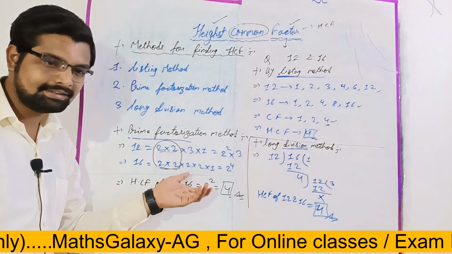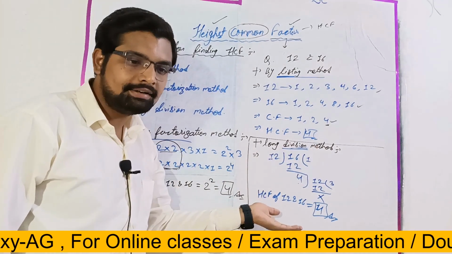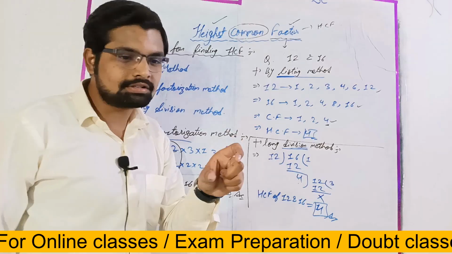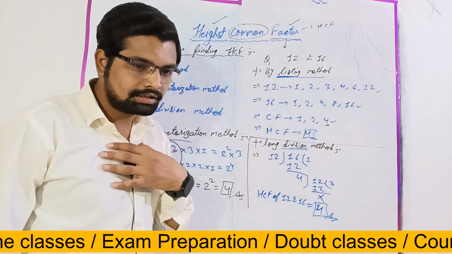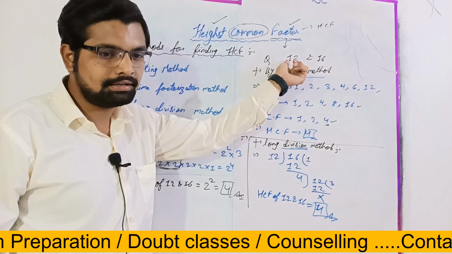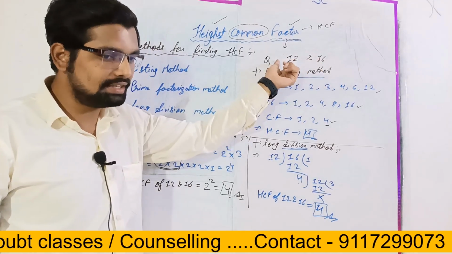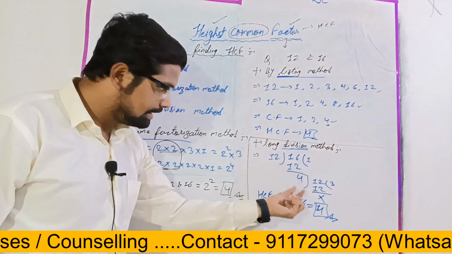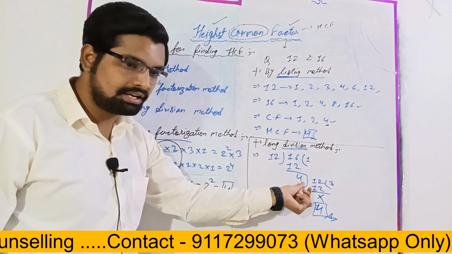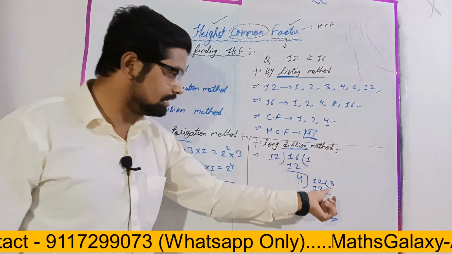Here it is written division method, it means we have to divide. Greatest number will be the dividend and the smallest will be the divisor. In the next step, the remainder will become the divisor and the divisor becomes the dividend.